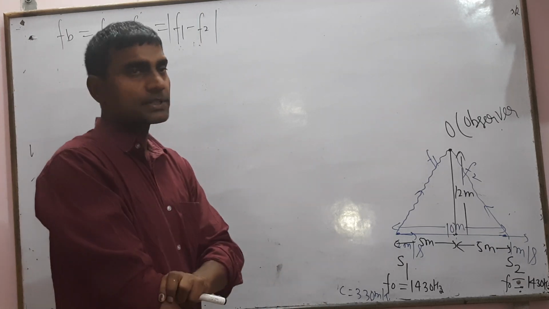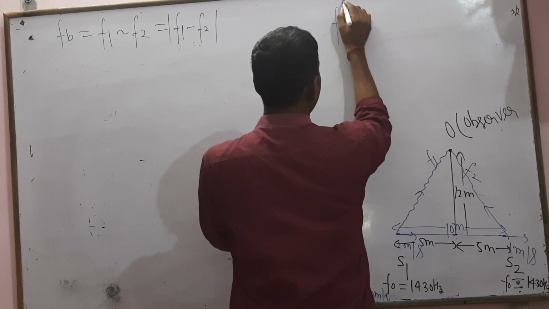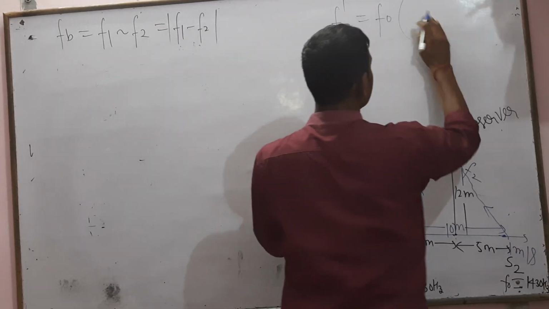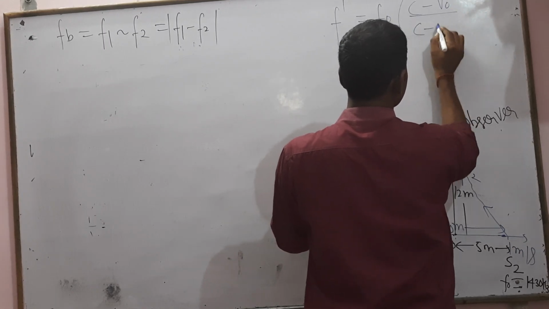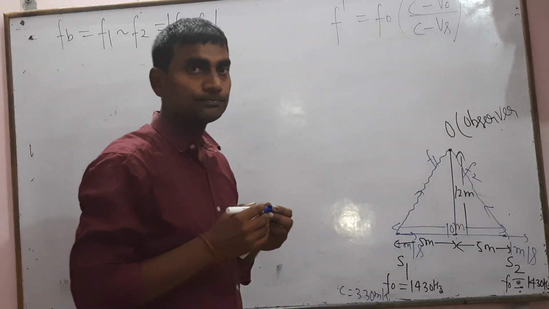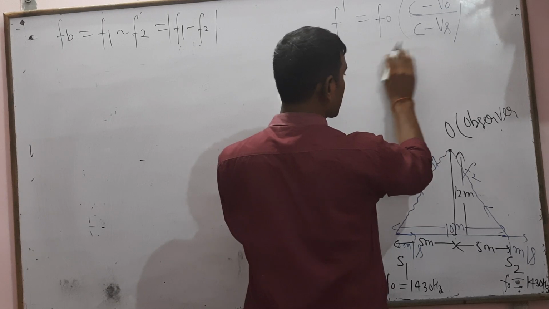We know the formula for frequency. The apparent frequency f prime equals f naught into C minus VO divided by C minus Vs. Listen carefully. C is the speed of sound in air.